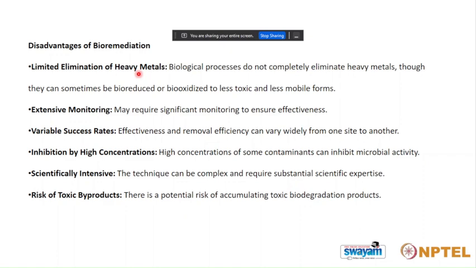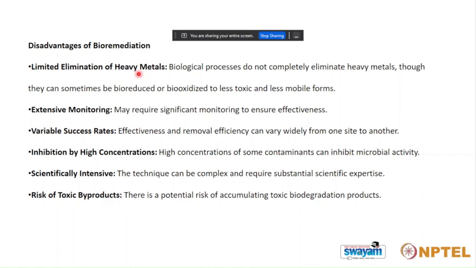Sometimes if predators or contamination happen among the microbial community, that will also affect the process effectiveness. So we have to continuously monitor the process, and the success rate will vary depending on the environmental factors. And at high concentrations of pollutants, the microbial activity can be inhibited due to substrate inhibition.